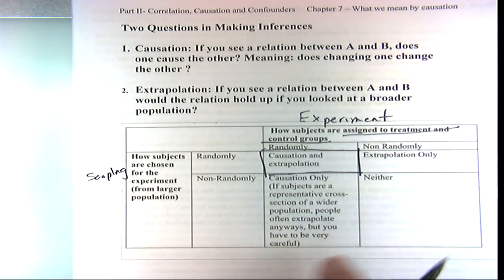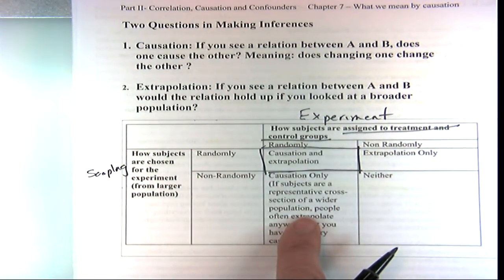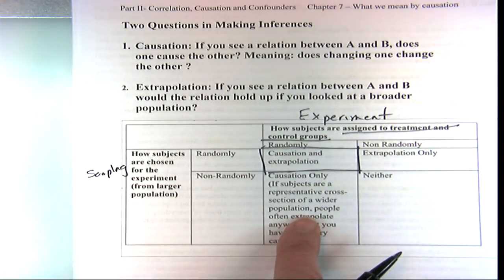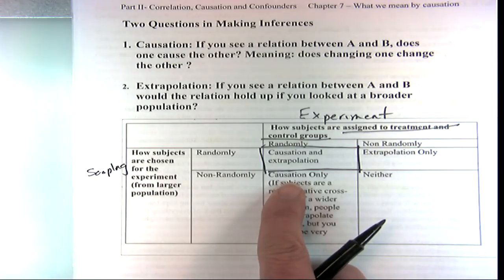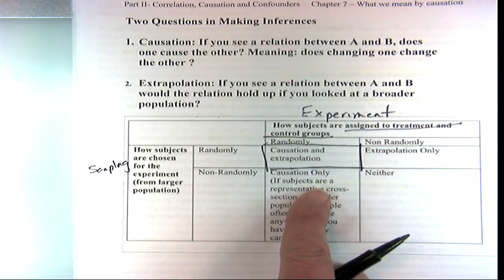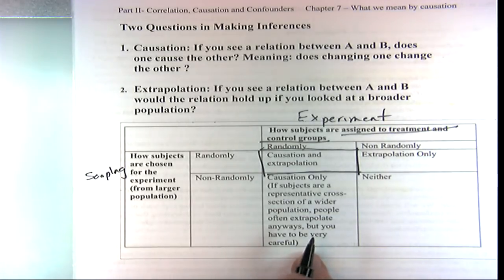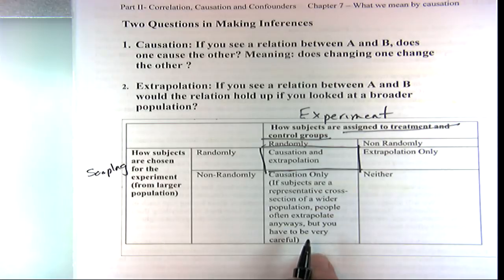Let's say most experiments are done with volunteers and they're not randomly sampled from a larger population. If you want to be very strict about it, we can only conclude causation within this particular group: yes, there is a causal effect if you get significant results. But what people generally do, if the group is representative of a wider cross-section, is extrapolate, like what we're doing with Stat 100 students.